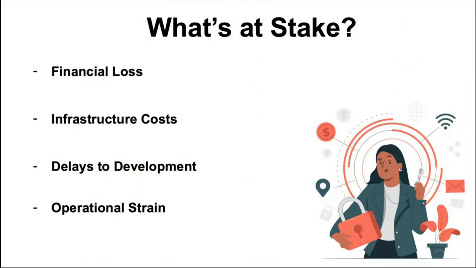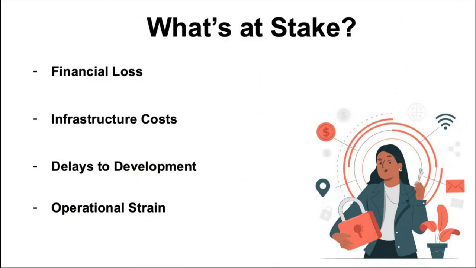So what's at stake? I briefly touched on financial loss. This could be through loss of revenue and fines from the FCA, and this can lead to increased infrastructure costs. If you're undergoing an attack, you may need to scale up your APIs to continue to serve genuine customers.